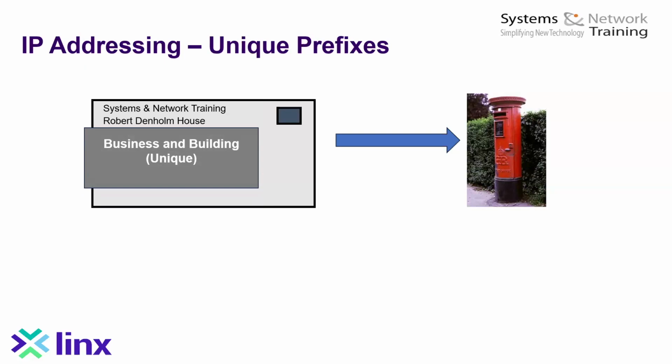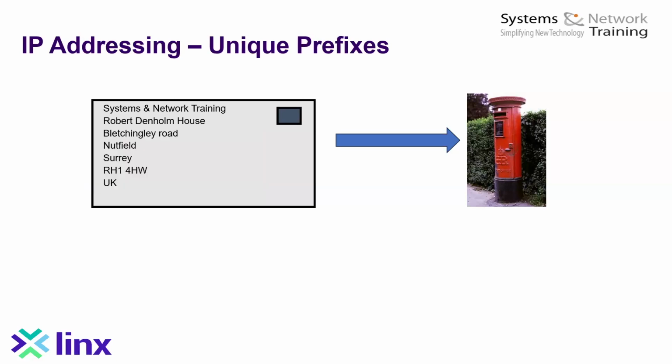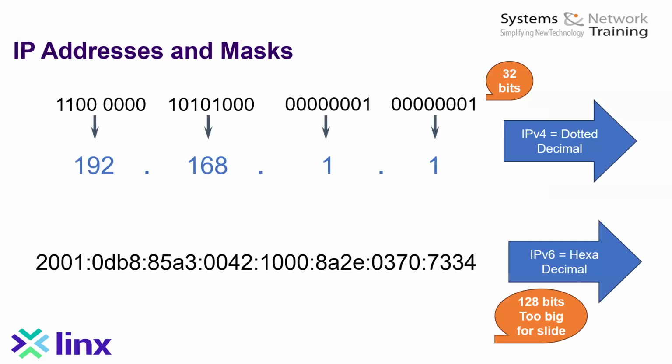So if we think of the address on the envelope as an IP address and the postal system as the internet, it can help us to understand how the IP address is used to deliver application data packets. Okay, so let's apply the same rules to an IP address. Remember, the internet has to deliver packets of data on behalf of user applications to the correct network. And this is what the prefix is used for.